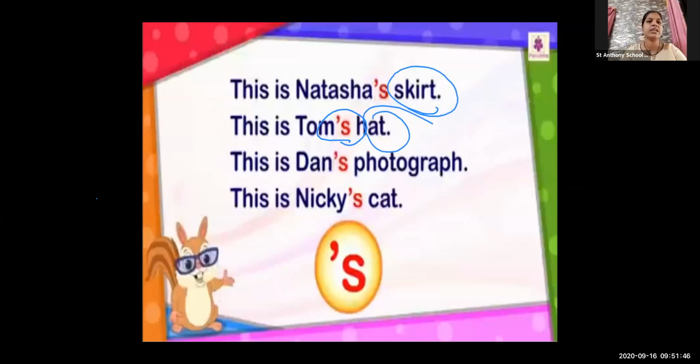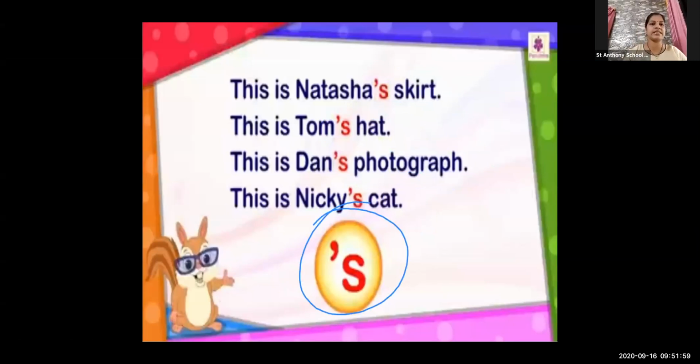The skirt, hat, photograph, cat, everything, they are nouns. And to show the ownership of that, what did I use? I used apostrophe S.